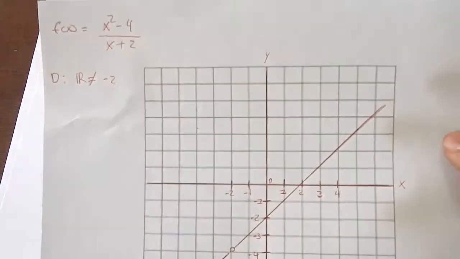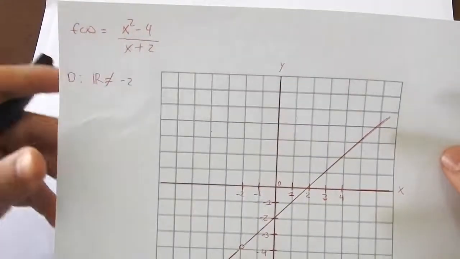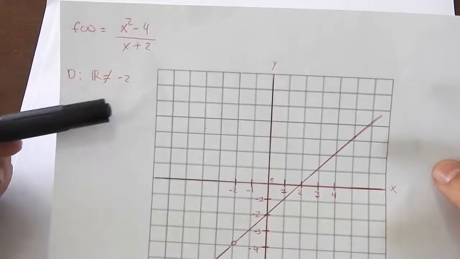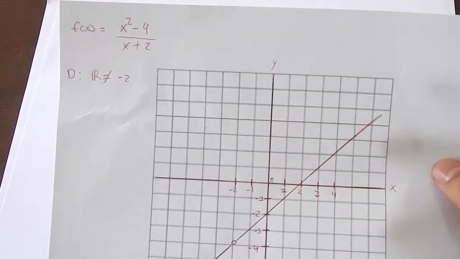Now we have a second example, example 2, which is f of x equals x squared minus 4 over x plus 2 with the domain all real values except for -2.